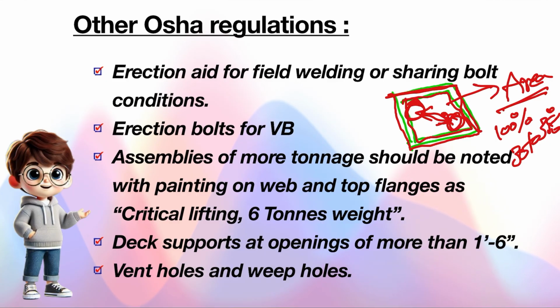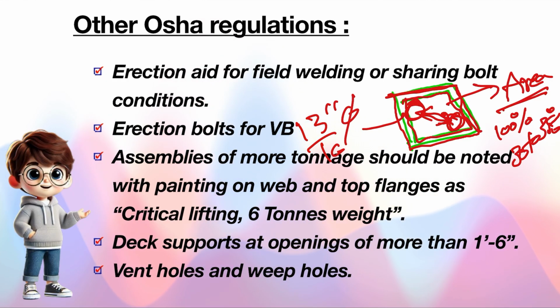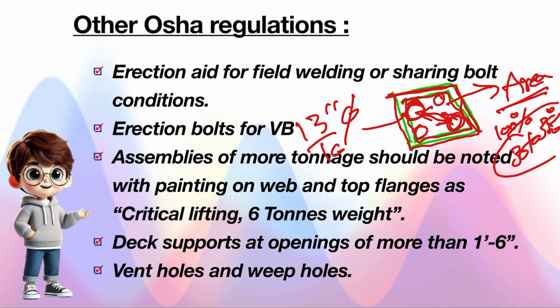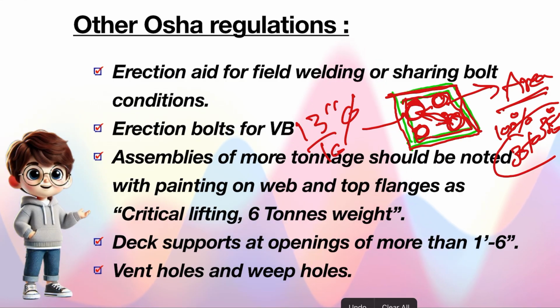Usually the hole sizes will be 13 by 16 square. If the HSS is bigger and two holes do not reach 30 to 35% of the cross-sectional area, then you need to provide two more holes in the corners also. So that is how we provide vent holes or weep holes.